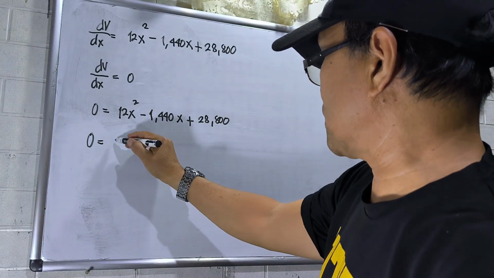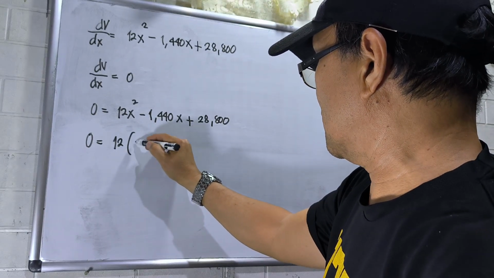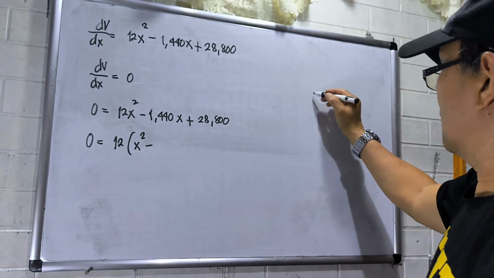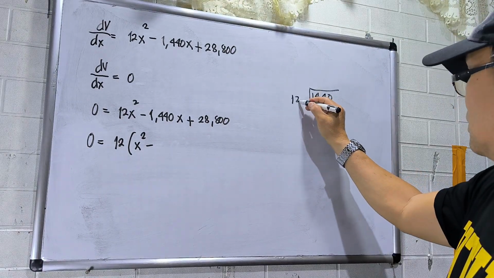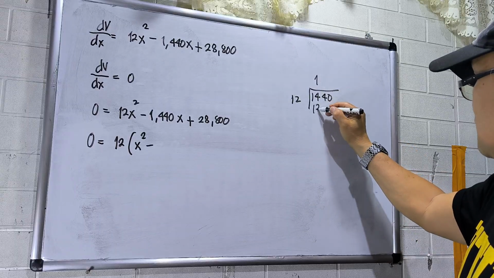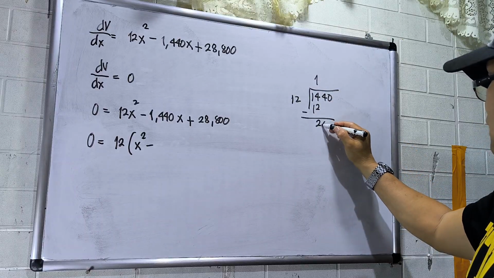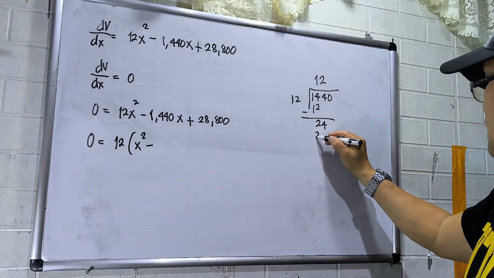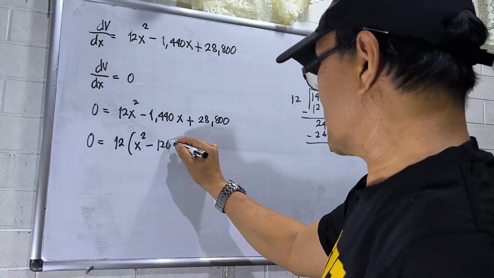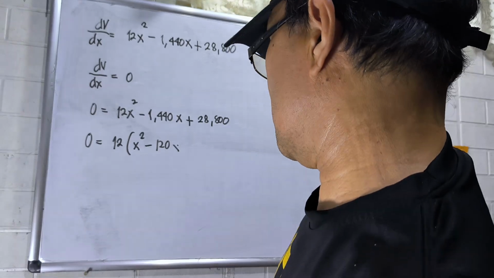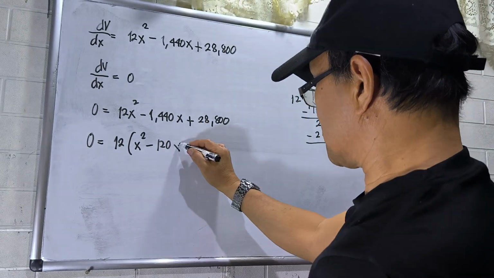I need to factor out 12, the common factor. So this will be x squared, 1,440 divided by 12 is 120, so 120x.